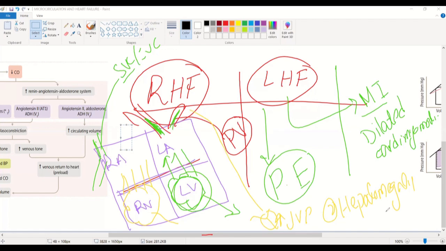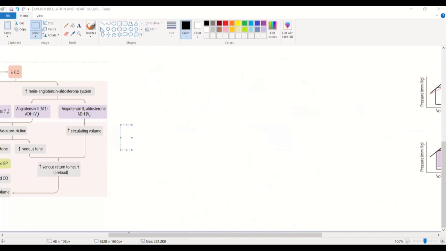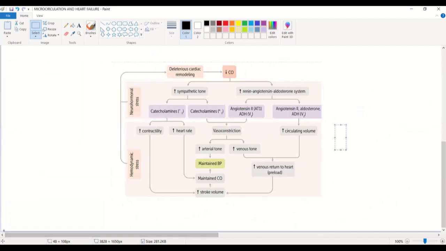So we discussed that left-sided heart failure leads to pulmonary edema, while right-sided heart failure leads to peripheral edema, right? So the left heart failure may lead to right heart failure, right? Left heart failure is the cause of right heart failure as well, right? So in the exam, they ask about the arrows.